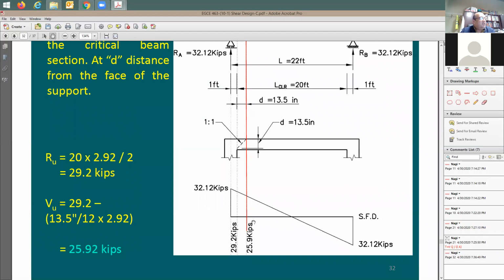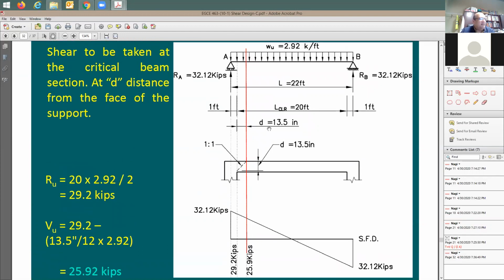And right at the critical section for shear, which means at d distance, you can do interpolation and find that out, or you can simply reduce it by the depth d. The depth d here is 13.5 inches.